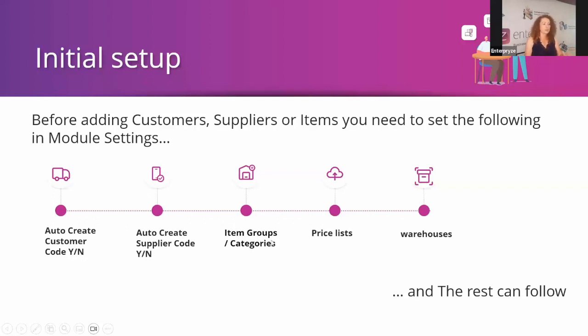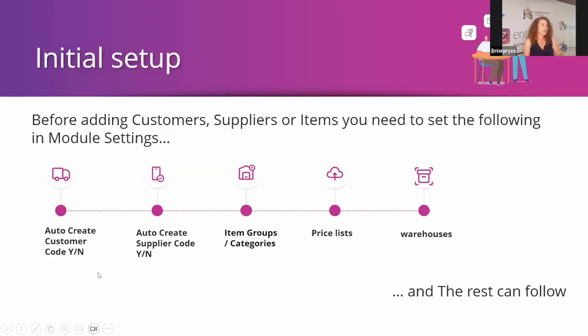I also mention item groups and categories, price list and warehouses. Those will follow, and we will see them as we go through the rest of the lesson. I'm just giving a little introduction to what is to come, because everything you set up now will be needed for all of your sales transactions. So the bigger picture will grow from there.